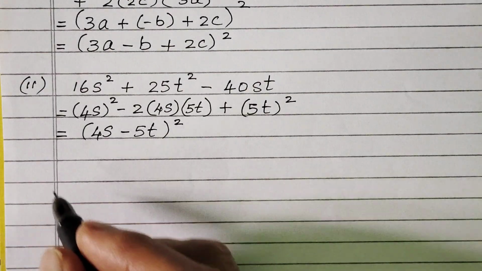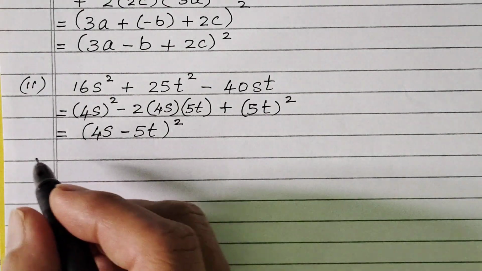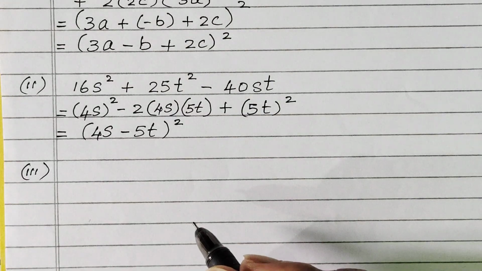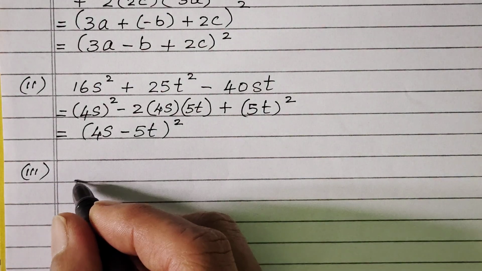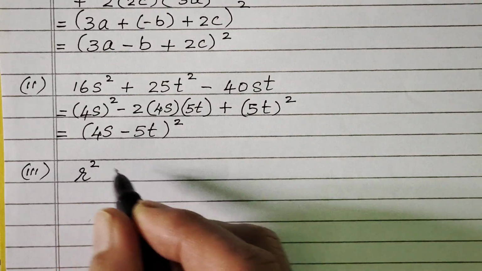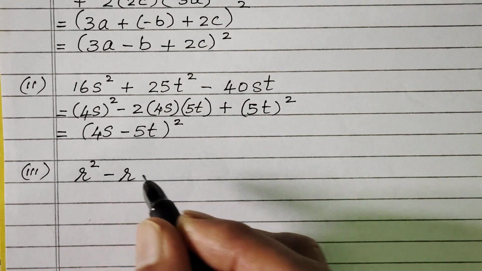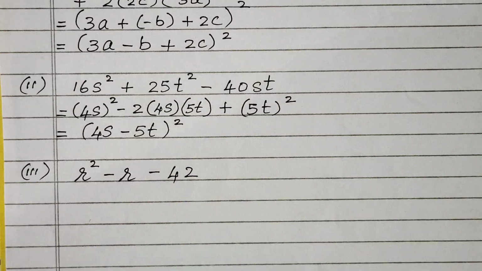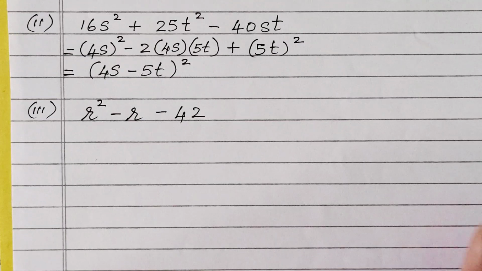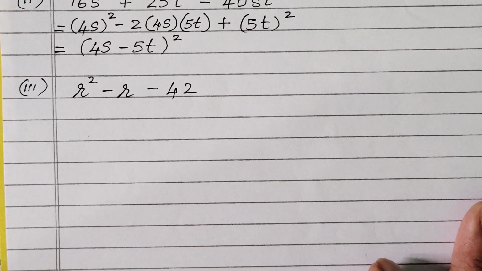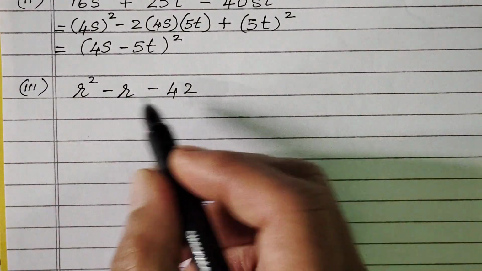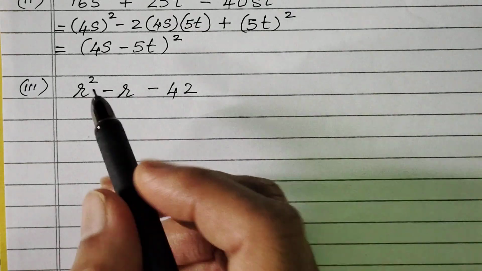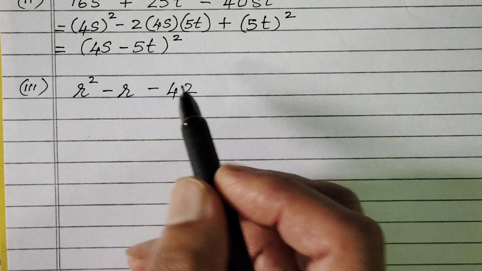Third sum. The third sum is r square minus r minus 42. So this we have to factorize by splitting the middle term. So here, first step, what you should do, multiply the first term and the last term.